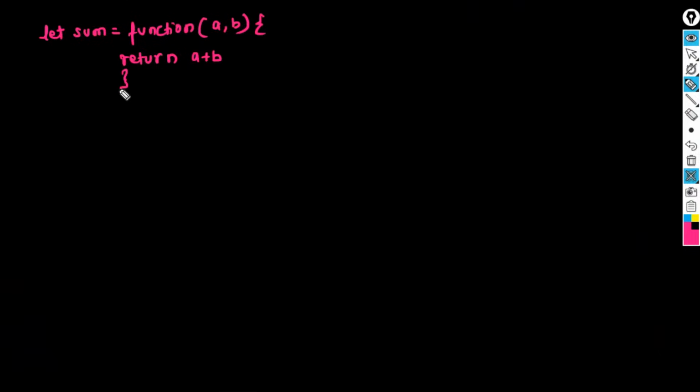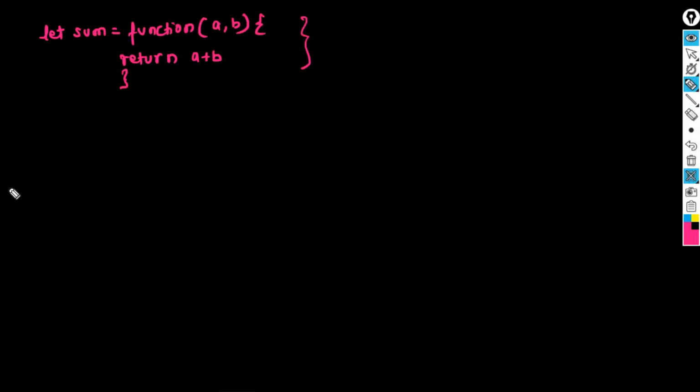It's a function. Now, what is a function? A function is a piece of code which you can use repeatedly for the same type of operation. Suppose you want to find the sum of 2 and 3, so you'll do a plus b.